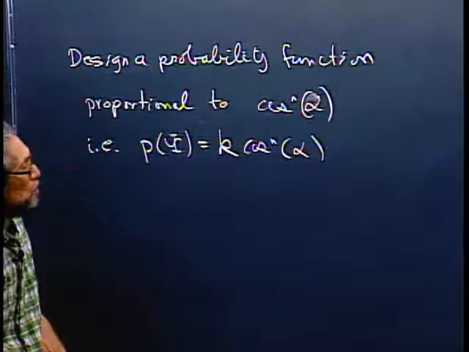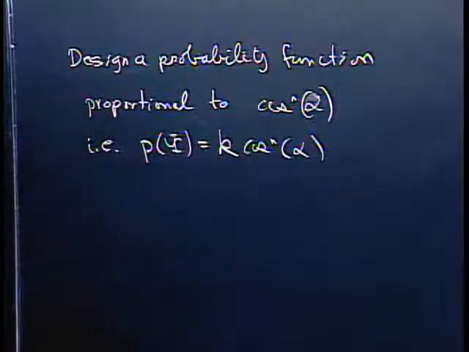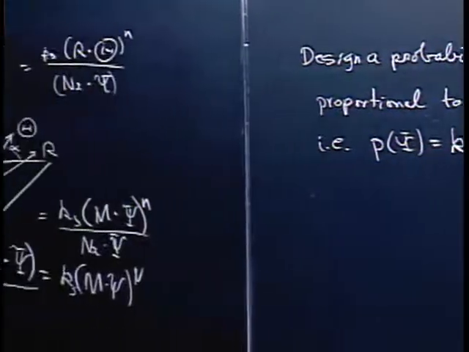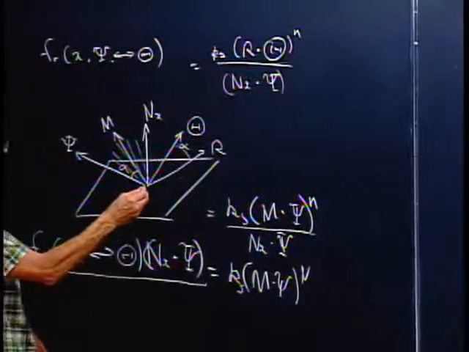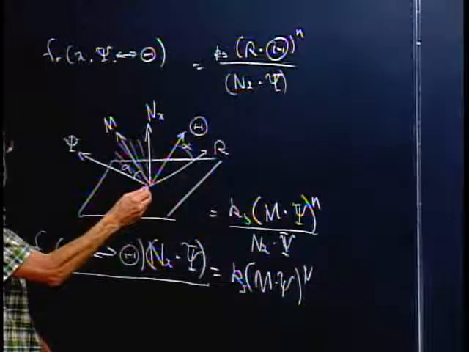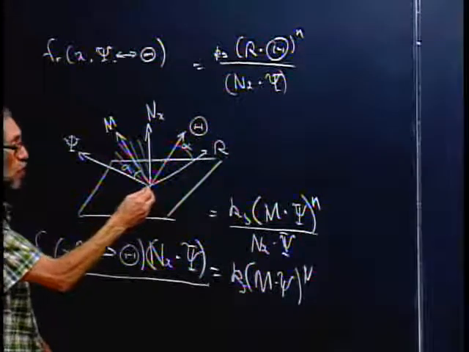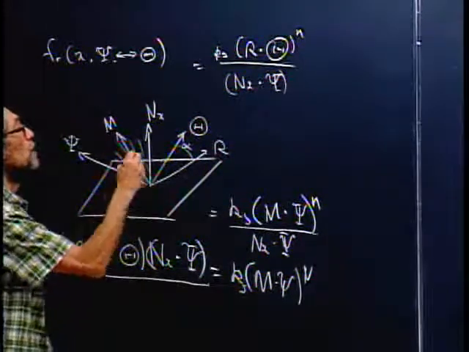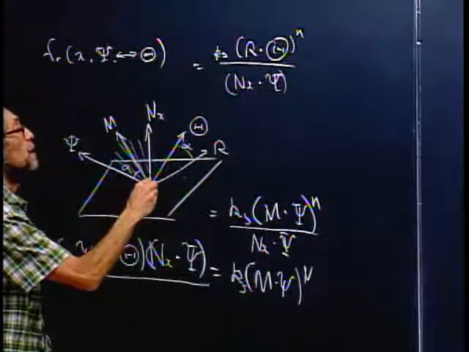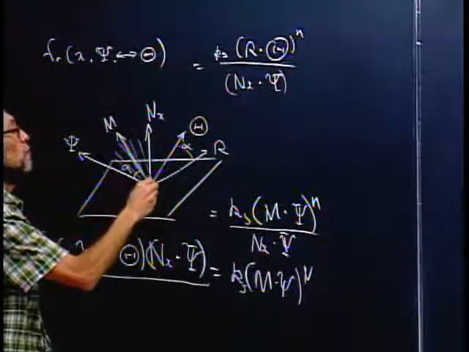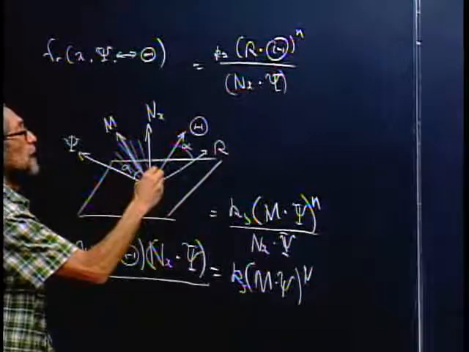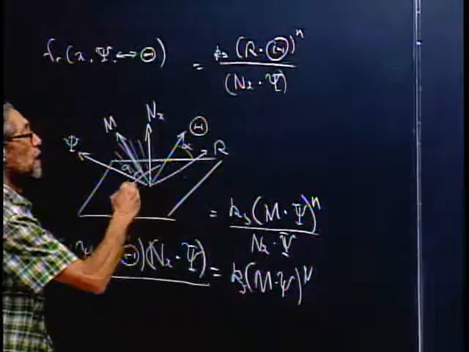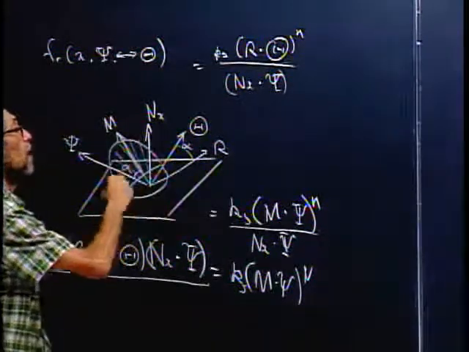Okay, and I'm going to assume that this probability is very low for large angles. So I'm going to make it add up to 1 over the hemisphere that's perpendicular to n. I mean, that for m as the North Pole. So really, I'm actually distributing it around a hemisphere like this, around m.